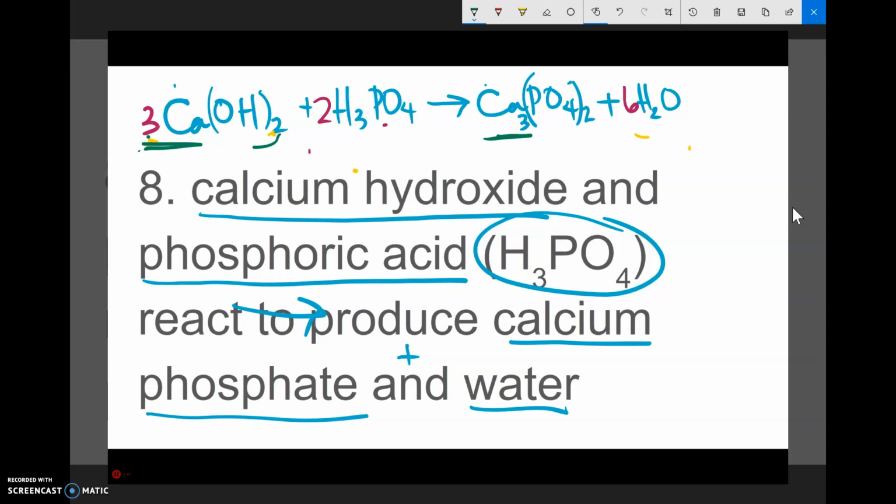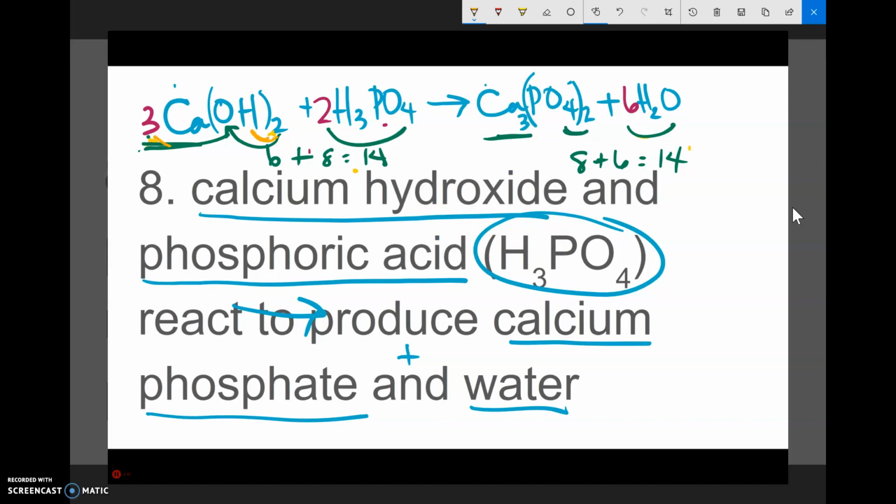We've got 3, but that distributes. So 3 times the 2 is 6, plus 2 times 4 is 8. So we've got 14 oxygen on that reactant side. On the product side, we've got 8 there, plus 6, so 14. That looks much better. Then we've got hydrogen.